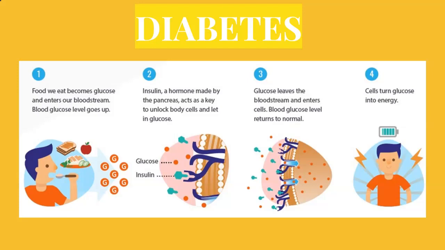So when we have diabetes, two things can happen. Either our body doesn't produce any insulin, or it doesn't produce enough insulin, or in step 3 on this picture, when our cells normally respond to insulin and let the glucose in, sometimes our cells are resistant to insulin, meaning the insulin just doesn't work as well to get those cells to open.